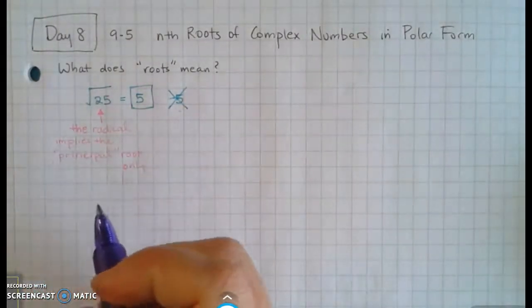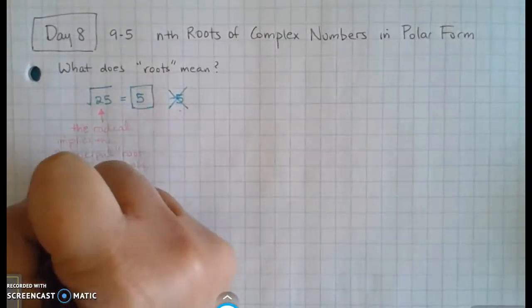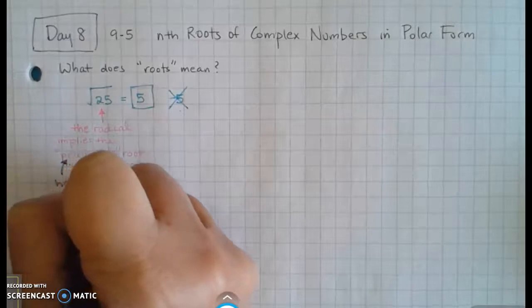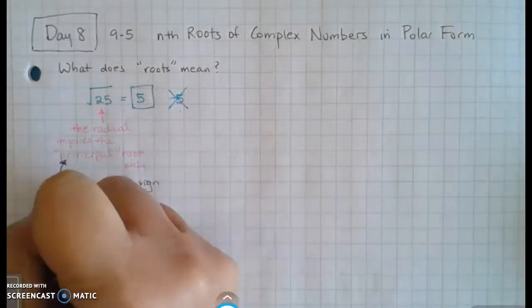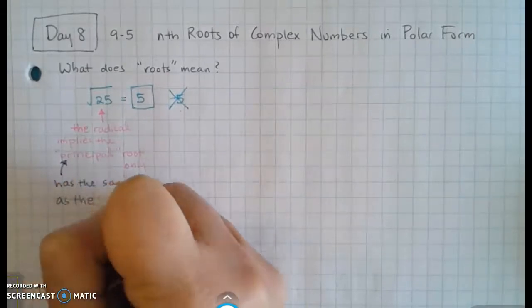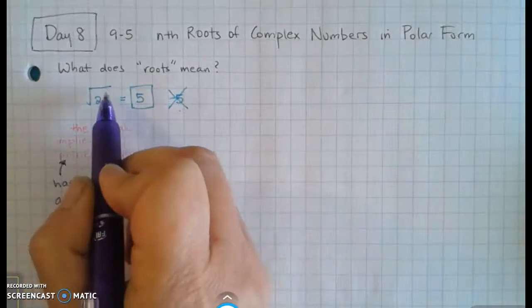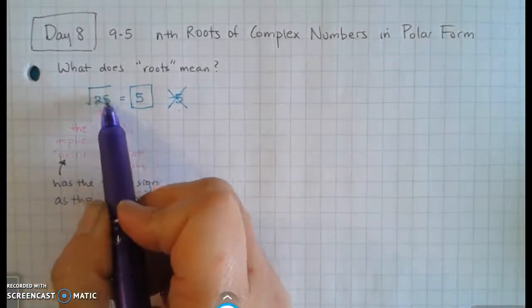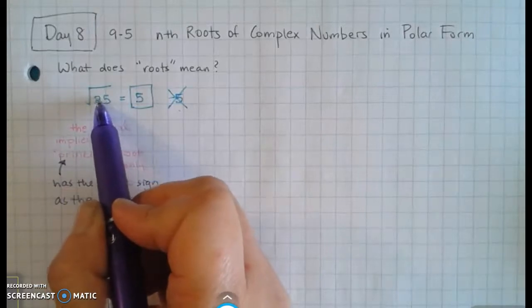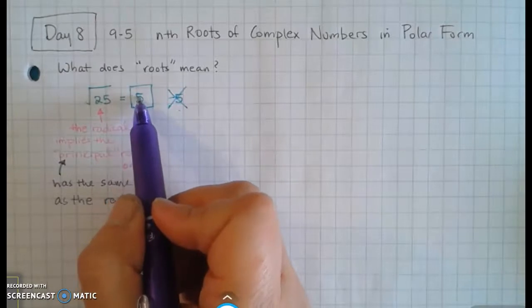That means it has the same sign as the radicand. And what is radicand? It's this number inside the square root symbol. In this case, this 25, positive 25, it has a positive sign, so we are only considering the principal root.